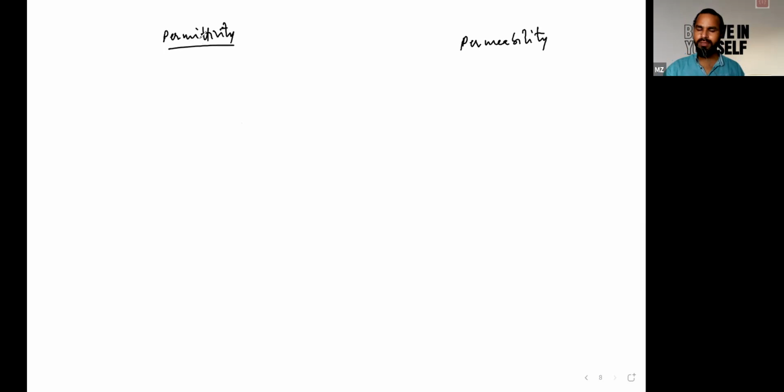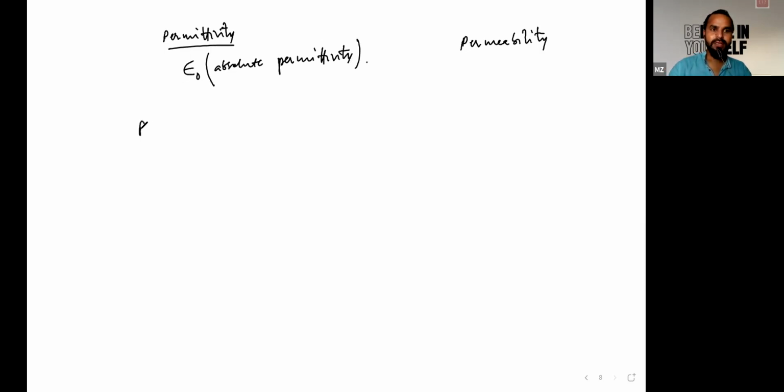You will learn this particular topic in more detail in your class 12. We have to define the dimension of this particular part. It is represented by the Greek letter epsilon naught. So we can call it the permittivity of vacuum or absolute permittivity. So how to define the dimension of this part?